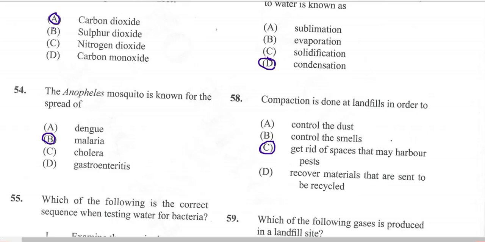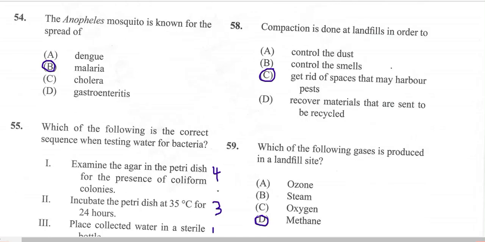So we don't want to have the garbage all spread out where pests can access it. So we compact it to reduce the space, and of course that makes less space for those vectors. So our answer here for 58 is going to be C.